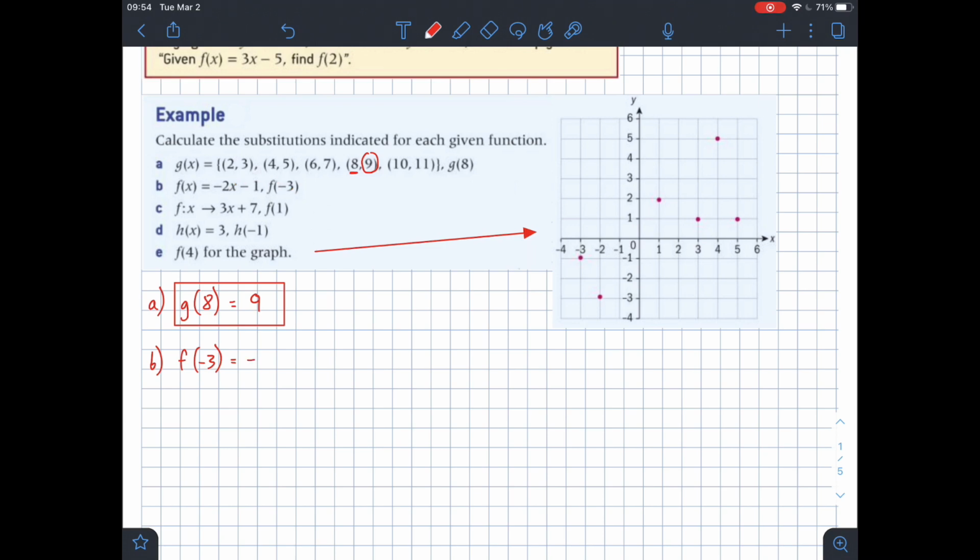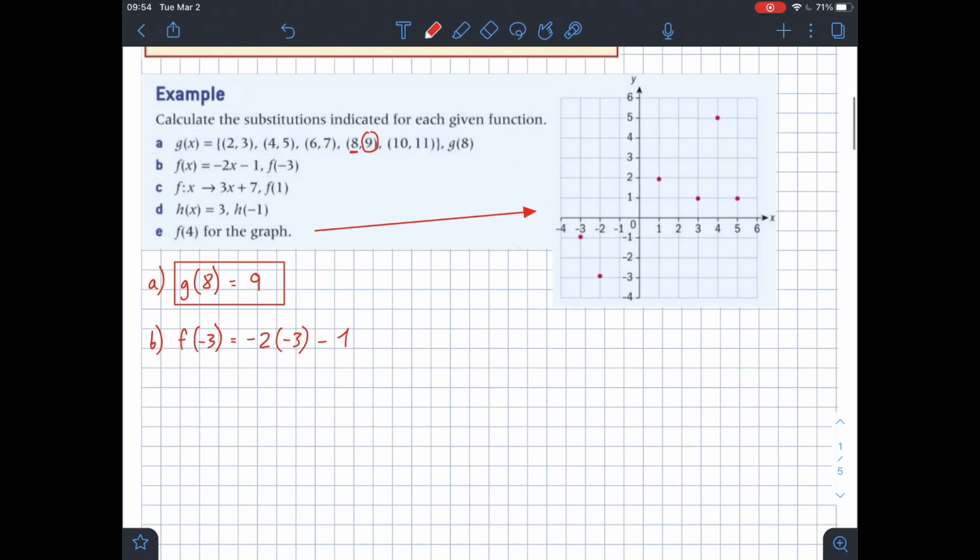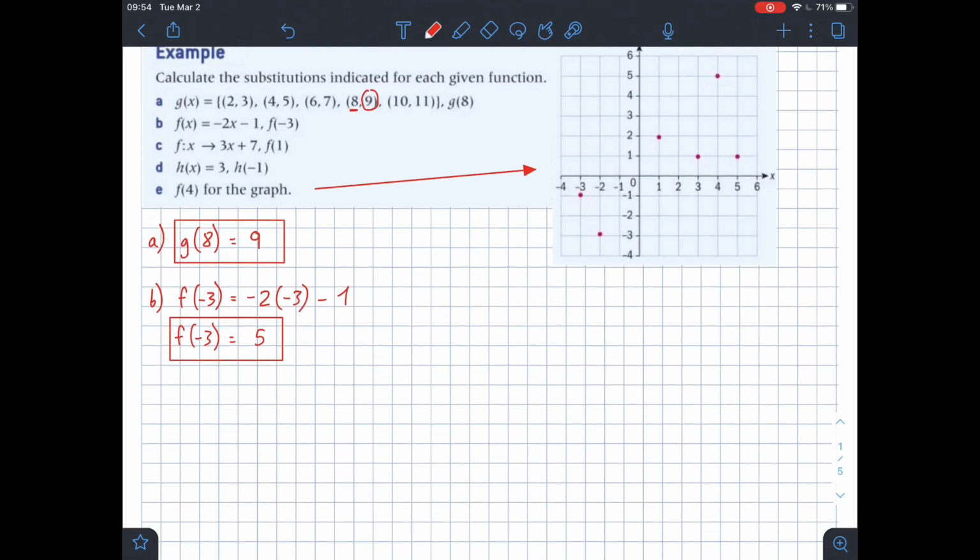So this would be negative 2 times negative 3 minus 1. And if we solve this, we're going to get that f of negative 3 is equal to 6 minus 1, which is 5. So that's f of negative 3. That means that the value of y when x is equal to negative 3 is 5.